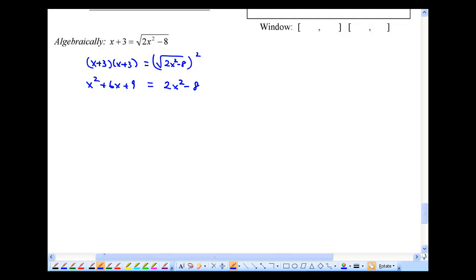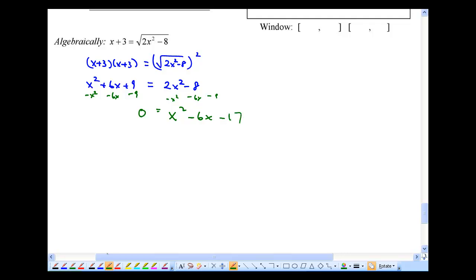I'm going to move everything to the right side this time because I see the right side having 2x squared. Minus x squared. There's x squared. Minus 6x. Negative 9.